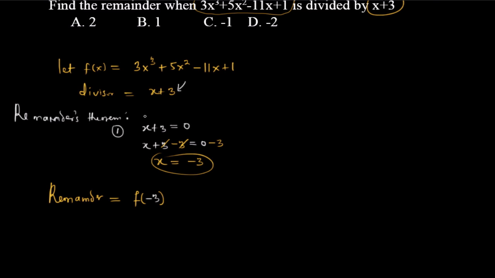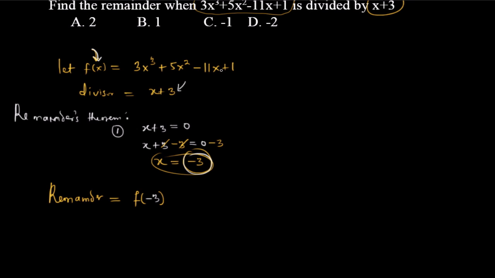So you have f of x and then you have your divisor. To find the remainder, you set the divisor to 0 and then solve for x. Whatever value of x you obtain, which is negative 3, you evaluate f at that value.